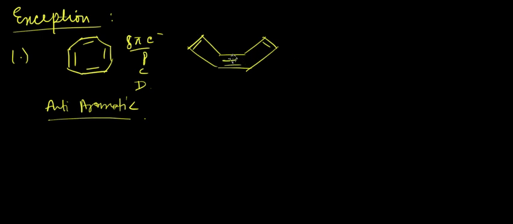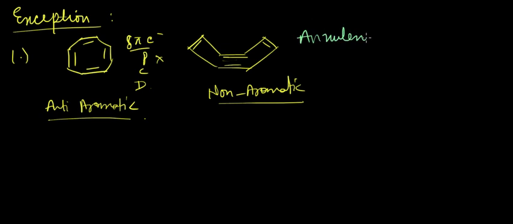Okay, it doesn't exist as a planar compound, it exists as a tub shaped compound. Hence it is no longer a planar compound, hence it is a non-aromatic compound, and the name of this compound is annulene, and as it is having 8 carbons, so its name is annulene 8.